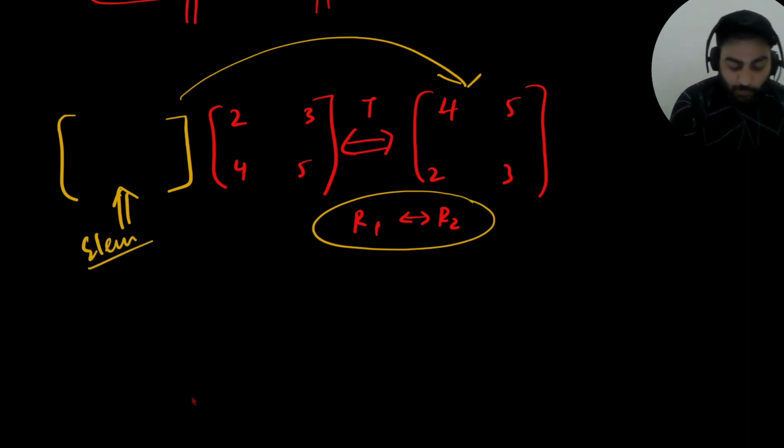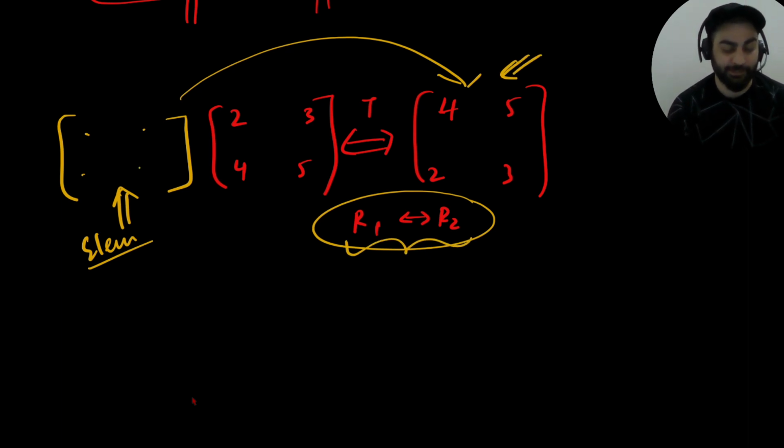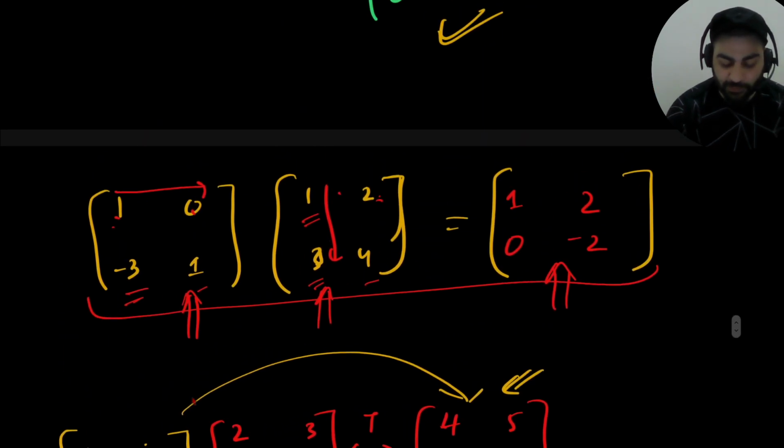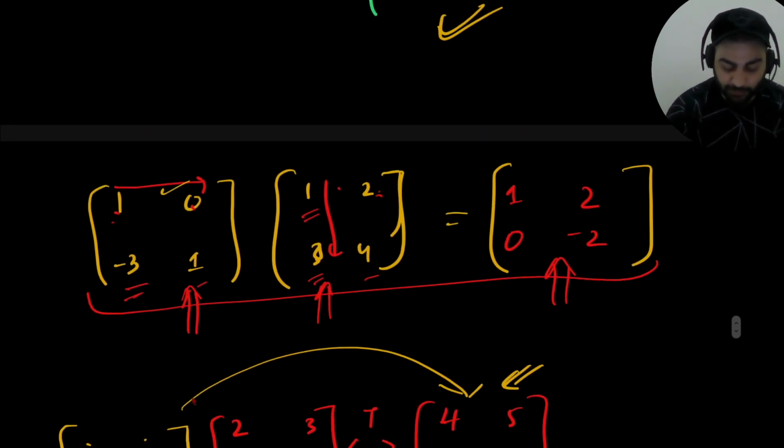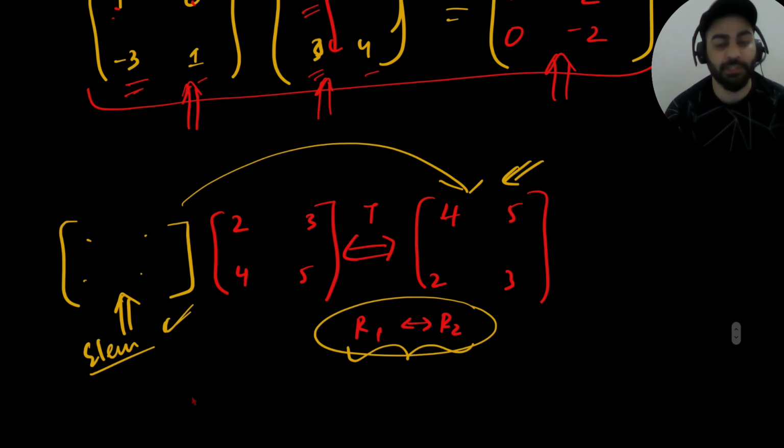What I want is, I want you to fill in these values so that I get this matrix out of this. I want to represent this elementary operation by using the matrix. Don't know, sir. So what should be the values? If you understood this part, it should be easy.